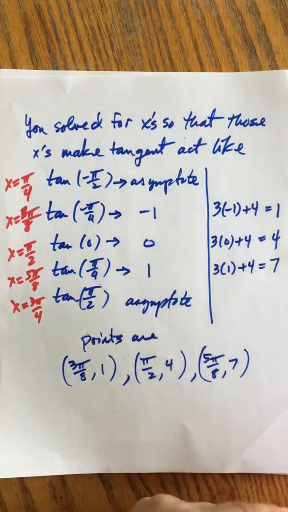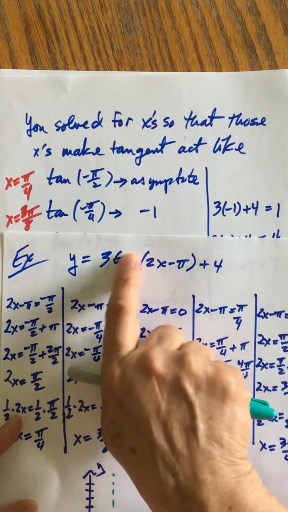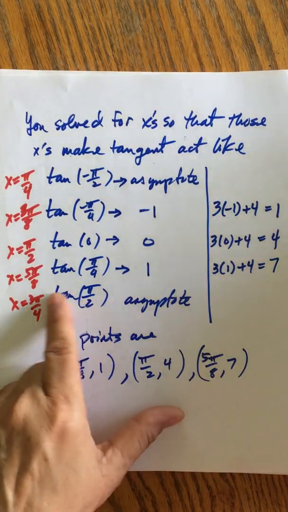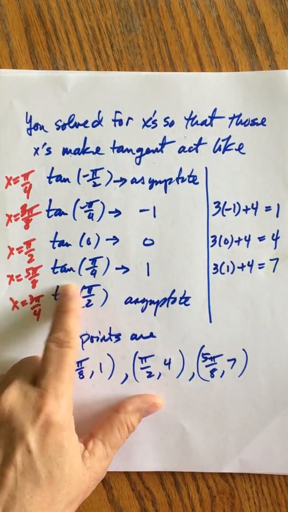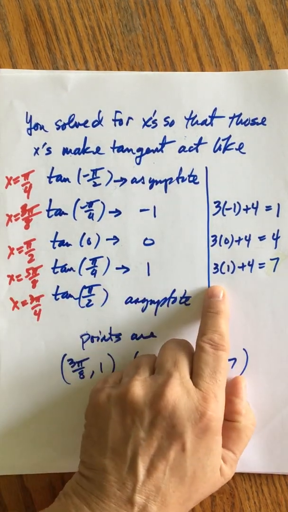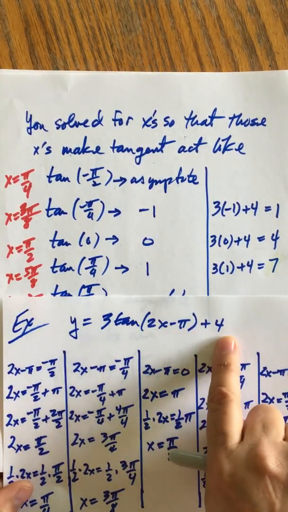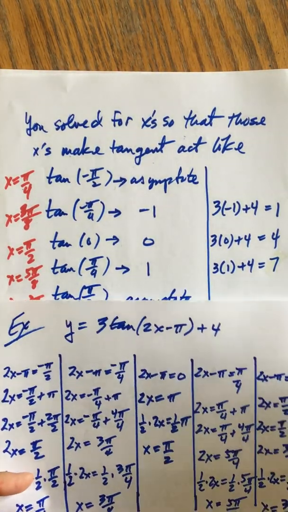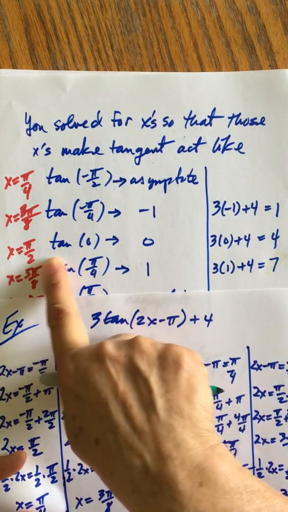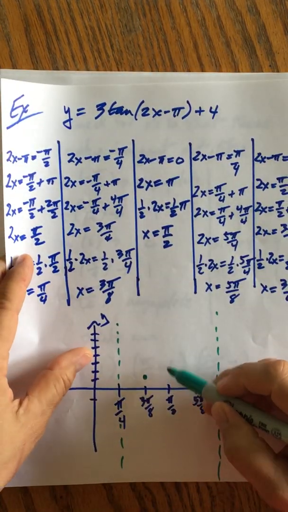So when I plug it in, I have 3 times 0 plus 4. That means that basically here at pi over 2, I'm going to go up 4. So I'm going to go pi over 2 and up 1, 2, 3, 4, it looks like about here.